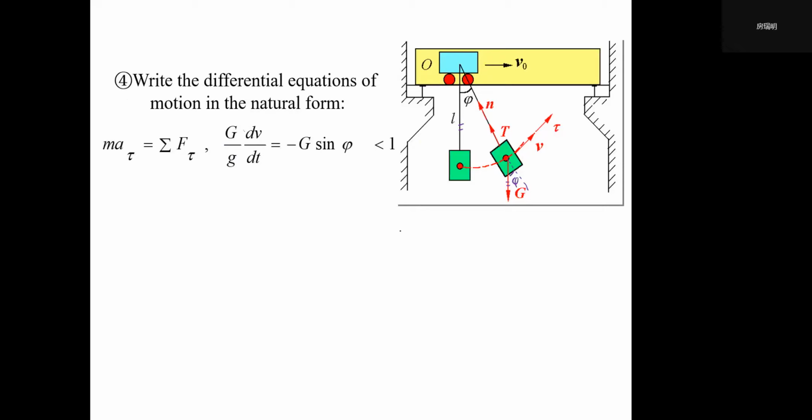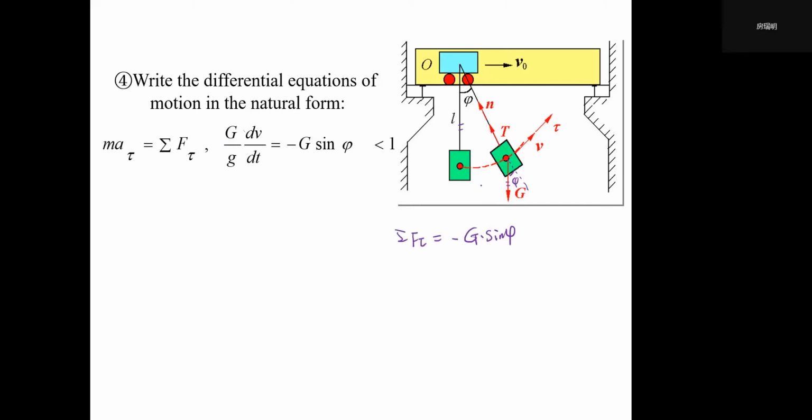Then we have sigma F tau equal, so this is n direction, this is tau direction. So G times cosine phi will be the component along n direction, and G times sine phi will be along the tau direction, along the negative direction of tau. So we have minus G sine phi, right?